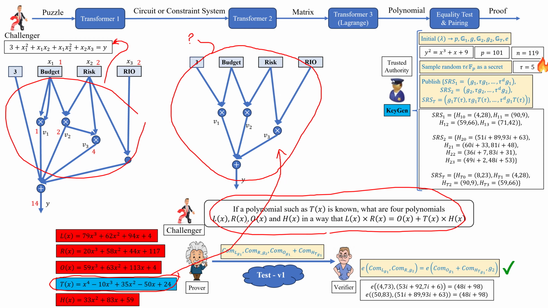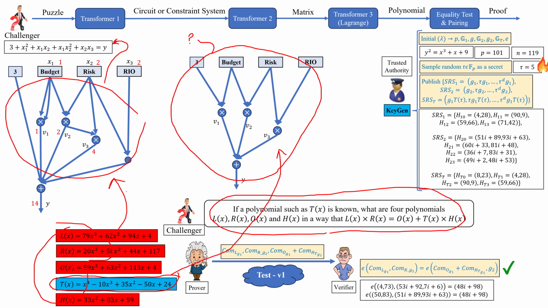So this means that if a prover knows four polynomials related to the first circuit, the prover can use those four polynomials and claim that I know the correct polynomials related to the other circuit also, right?